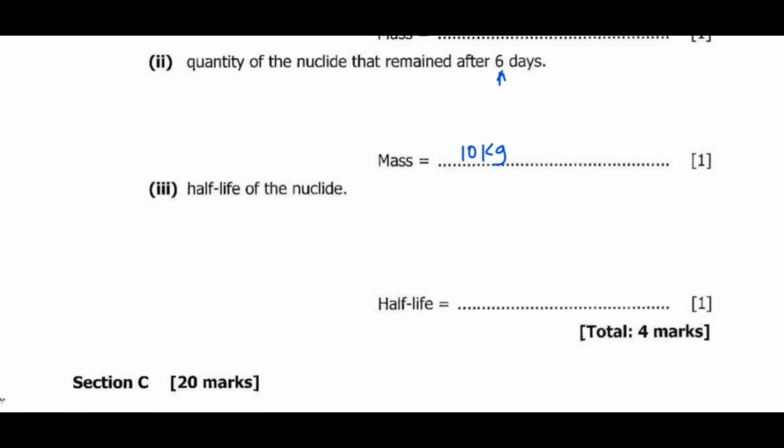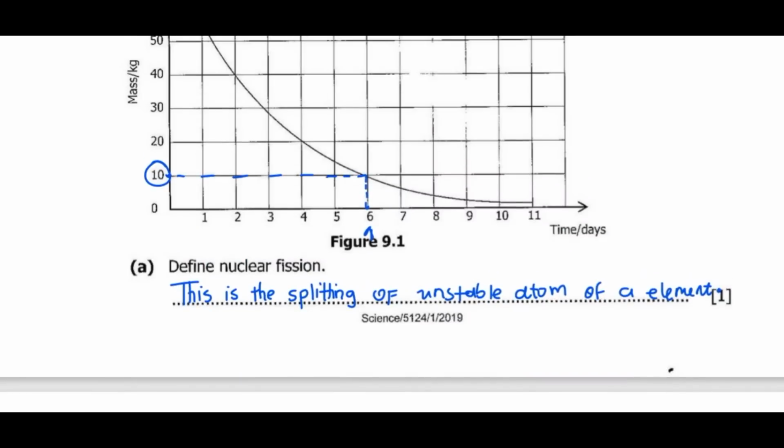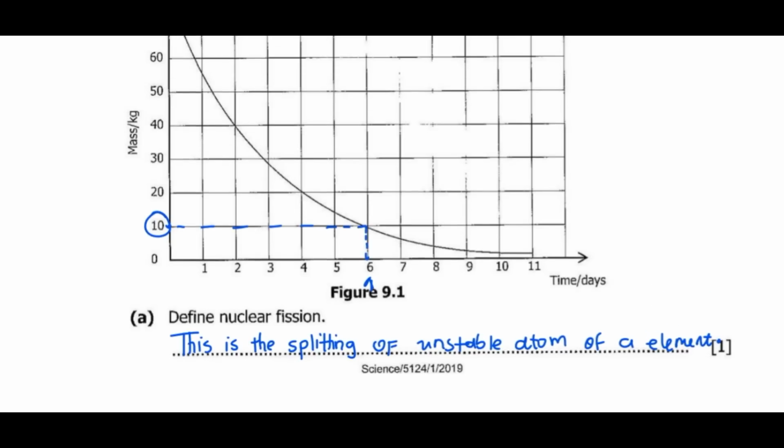Then Roman numeral 3, which is the last one, half-life of the nuclide. So how do we calculate half-life? Half-life is half multiplied by the original mass. The original is 80. Half of 80 is 40. So this 40 is not the final answer.